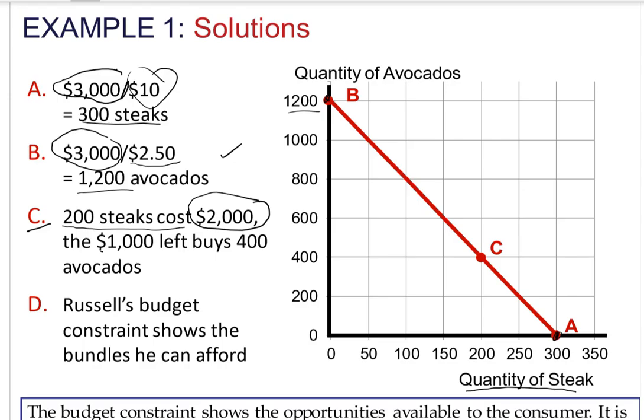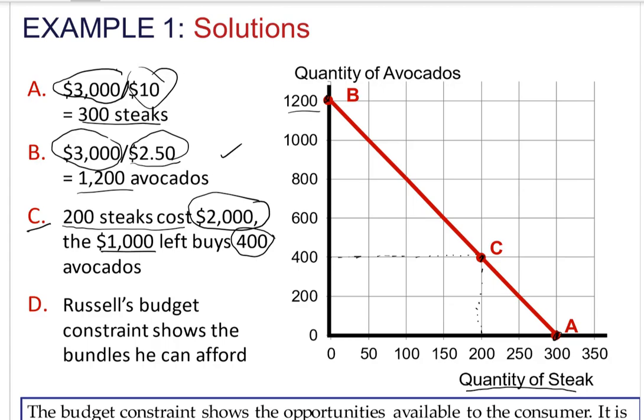That leaves him with $1,000 now. So we divide this $1,000 by the price per avocado. That gives us 400 units of avocado. So that gives us this point C, combining these 2 quantities: 400 avocados and 200 steaks.